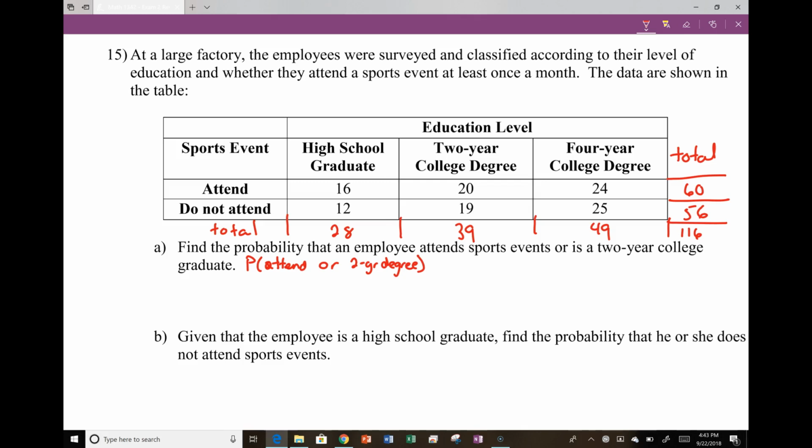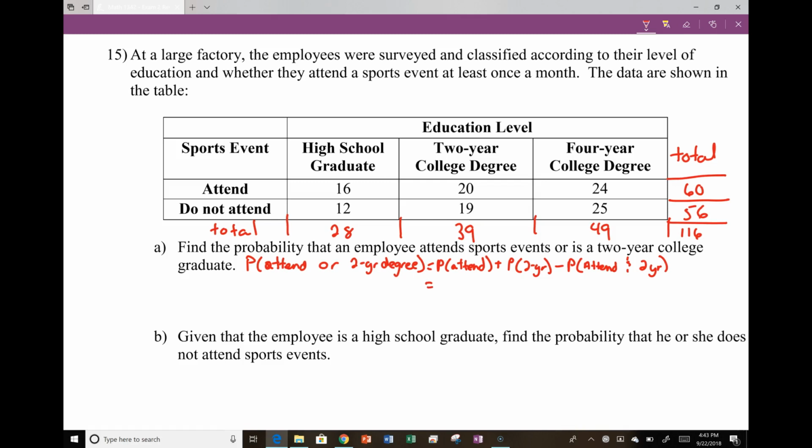Now they can have a 2-year degree and they can attend a sports event at the same time. So that's going to be the probability that they attend plus the probability of 2-year degree minus the probability attend and 2-year degree.